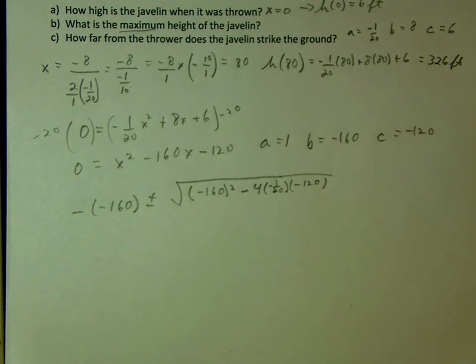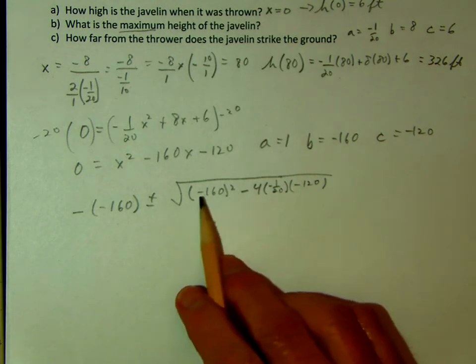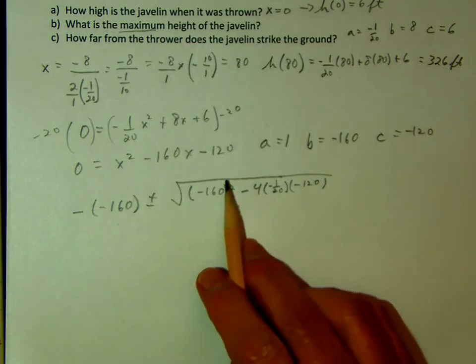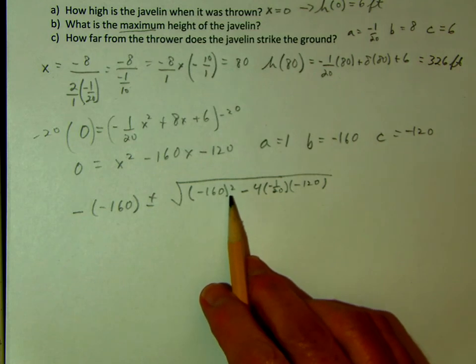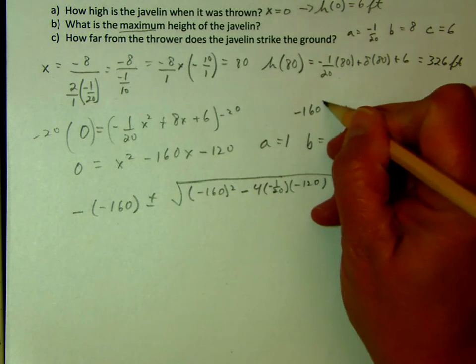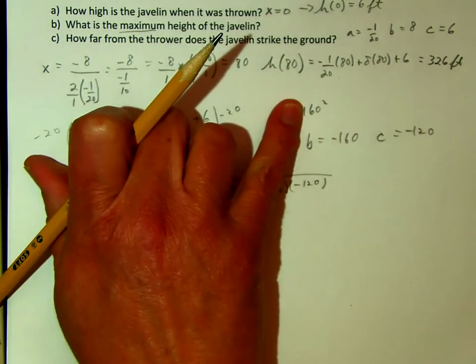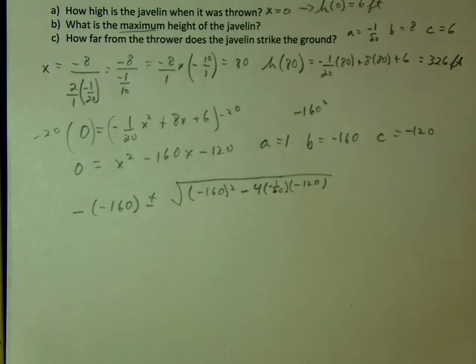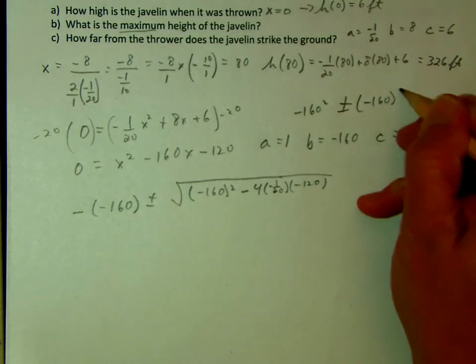I want to caution you when you're entering this into your calculator, when you are squaring a negative number, make sure that you have these parentheses, or the calculator is going to think that you're asking for this, which would be 160 squared, take the negative, as opposed to this.